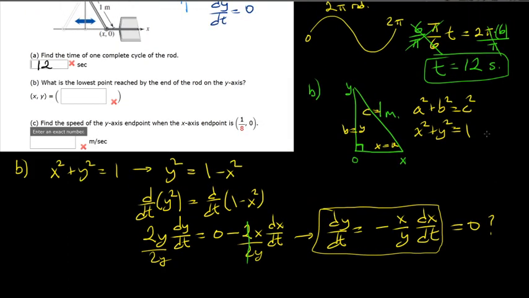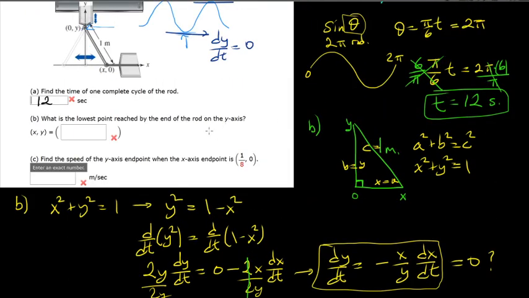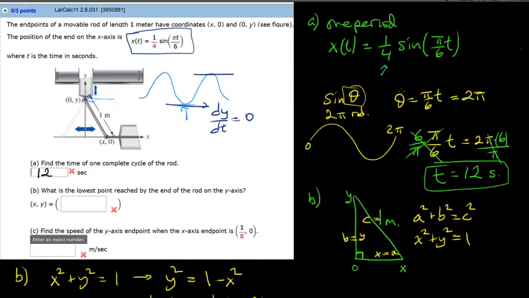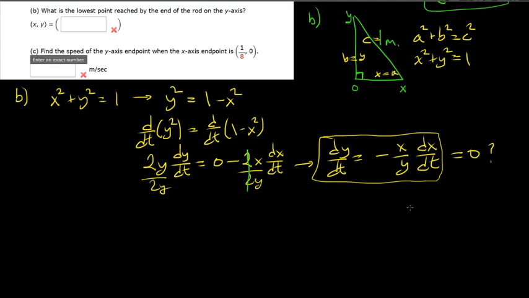Okay. So let's see, how do we do this? The derivative of x, okay, so here's x of t way up here. This is part A, so x of t is given. So let me just copy that down. I believe it was 1/4 times the sine of pi t over 6. So that's x.